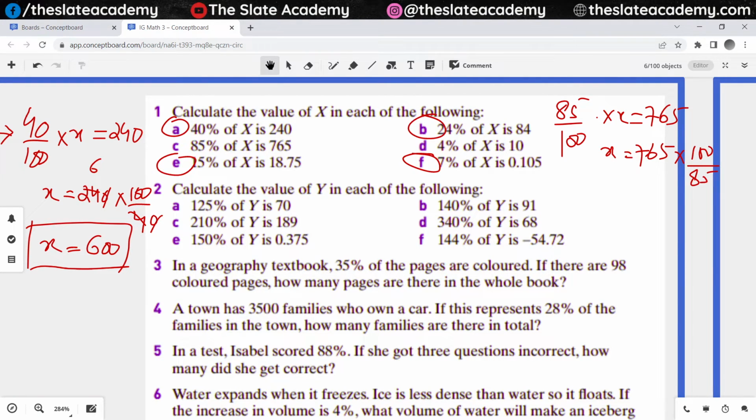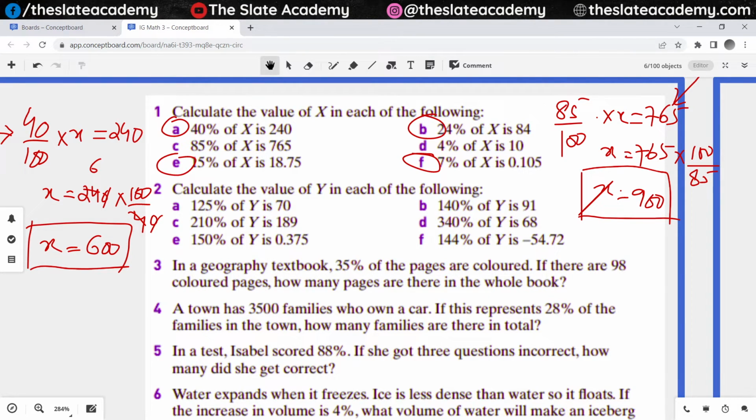If I do this quickly in the calculator, 765 divided by 85, the answer x will be equal to 900. So x was the original number, 85% of which is 765.